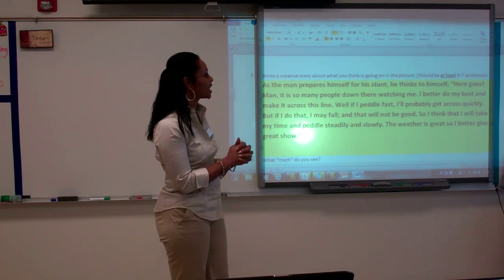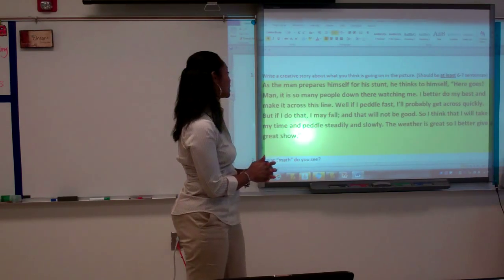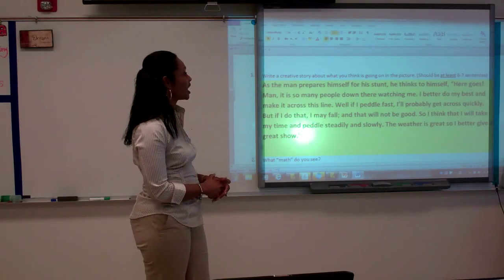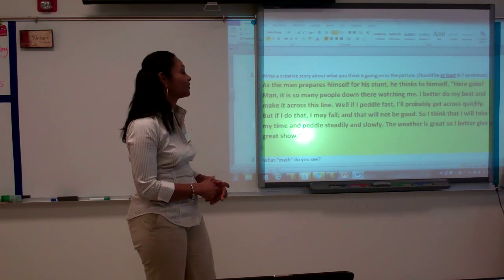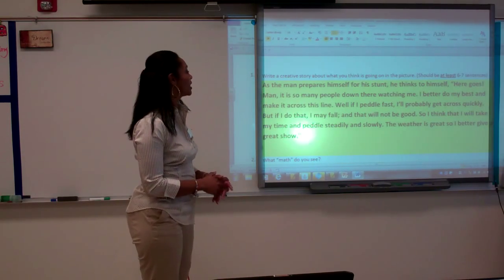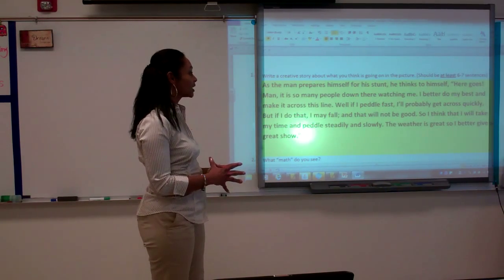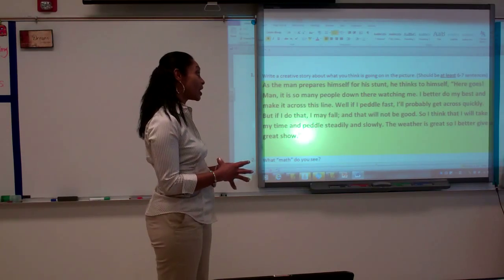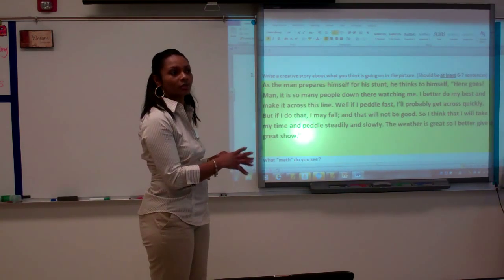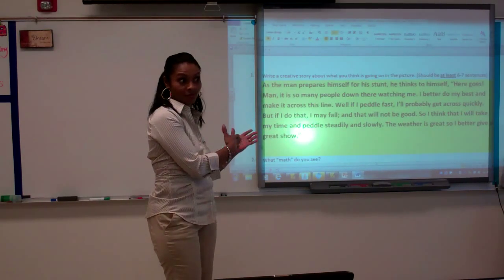Man, there's so many people down there watching me. I better do my best and make it across this line. Well, if I pedal fast, I'll probably get across quickly. But if I do that, I may fall, and that won't be good. So I think I'll take my time and pedal steadily and slowly. The weather's great, so I better give a great show. So that's just my little spiel from the perspective of the guy.